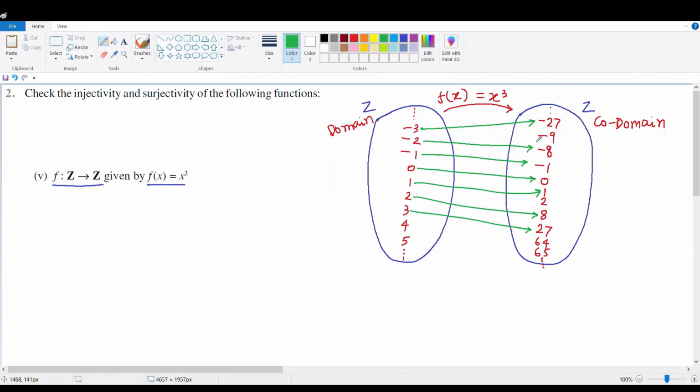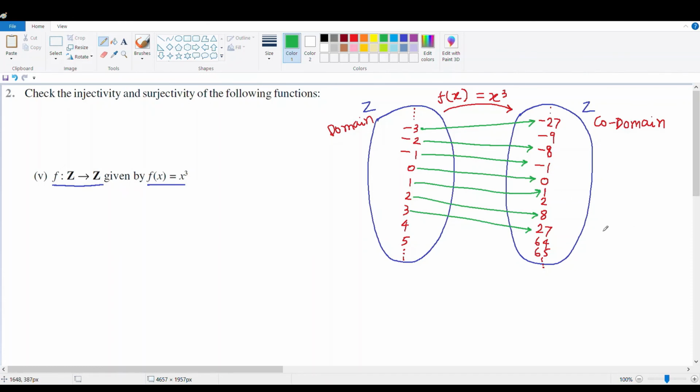See, negative 9 is not a cube of any integer, so we cannot find a pre-image for negative 9. Same way negative 6, same way negative 2. There are infinitely many integers in this codomain which don't have any pre-image in this domain. That means this function is 1-1 but not onto.